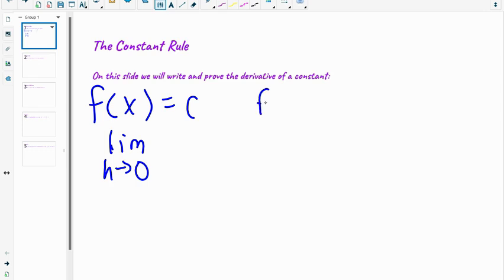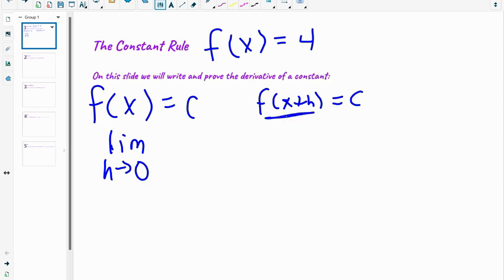But remember, this is kind of a weird example because we have nothing to plug x plus h into. So f of x plus h is still just c. I'll give you an example if you're still confused of a constant function. I'd be saying f of x equals 4. That's what our function looks like, but we're going to generalize it for all constants.